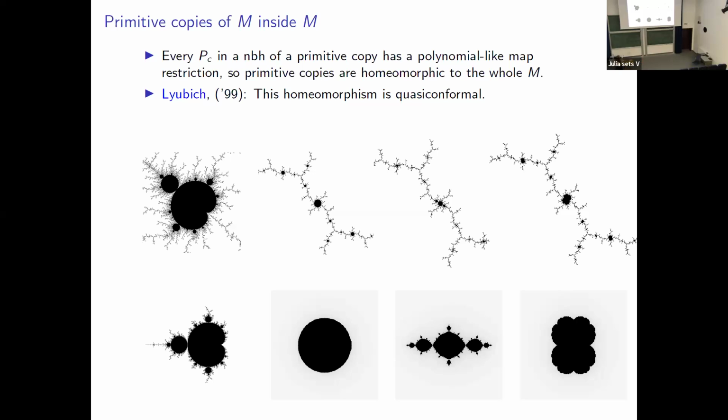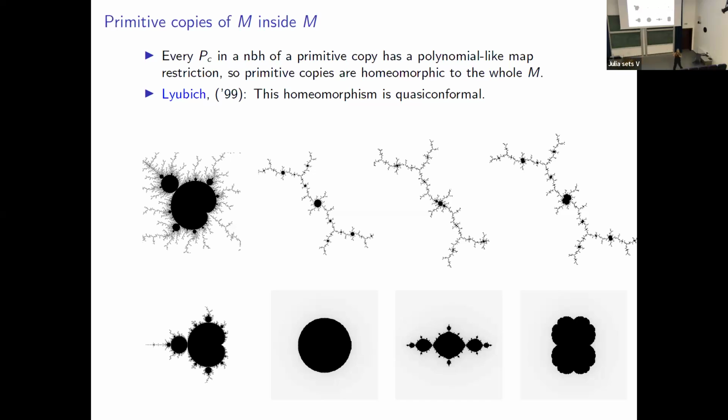So this parameter goes here to the center of the Mandelbrot set. But if I move a little bit, for example, I take this parameter, here I have a quadratic-like restriction around, where we are hybrid equivalent to this one that lives here. And we keep going. There are infinitely many of them, so I will stop here.